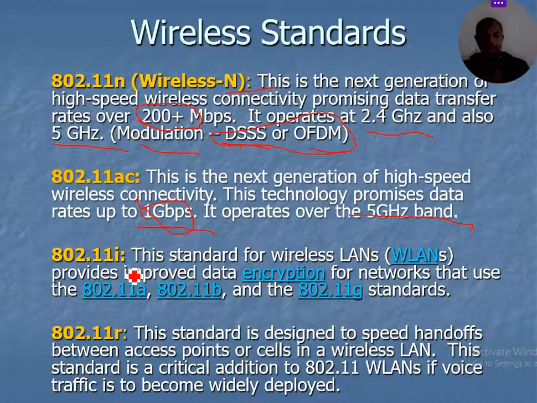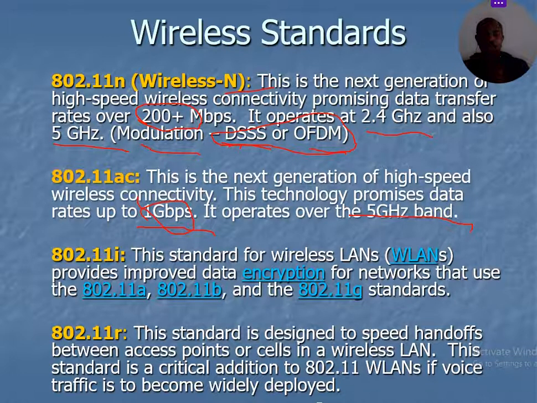Now let's talk about the 802.11r. This standard is designed to speed the handover between the access points or cells in the wireless local area network. This standard is a critical addition to the 802.11 family, the 802.11 wireless LAN, if voice traffic is to become widely deployed.